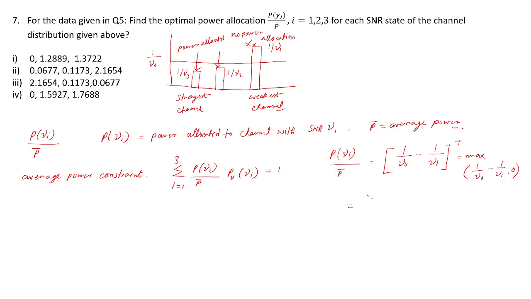It can be written this way also: 1 over gamma naught minus 1 over gamma I for gamma I greater than gamma naught, power allocated, and if gamma I is less than gamma naught, then no power is allocated.